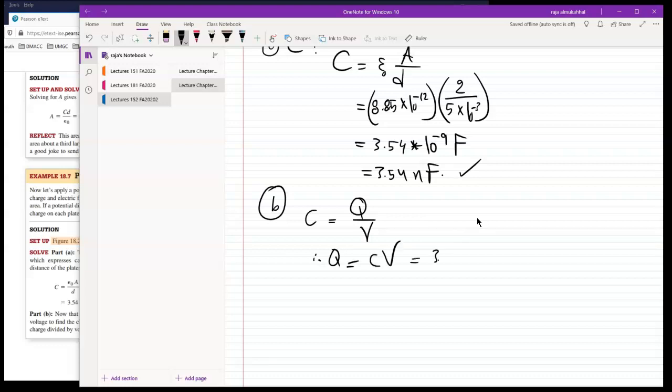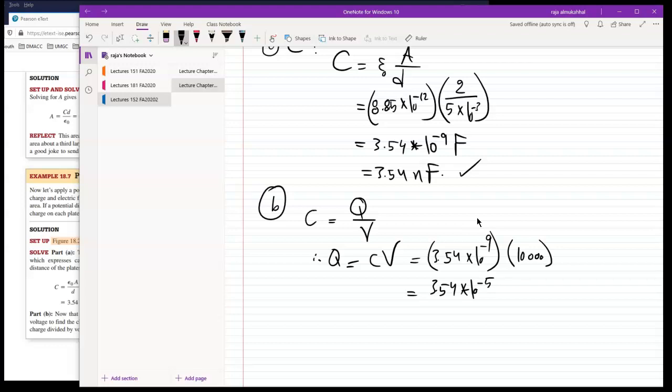So C is 3.54 times 10 to the negative 9 farad times the voltage, 10,000 volt, and then we just calculate that, and this will give me, just by looking at it, 3.54 times 10 to the negative 5, is that right? So that will be 4 zeros, yeah, should be there.